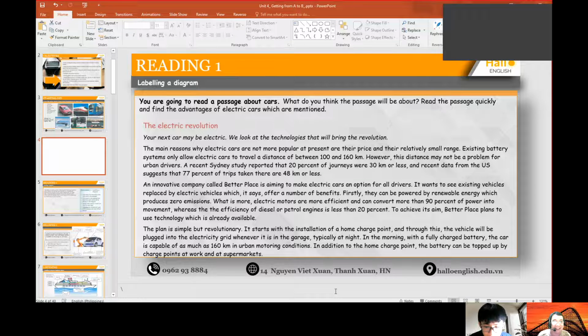Okay, in addition to the home charge point, there would be charge points at work and at supermarkets. Remember, we have three charge points: home, work, and supermarkets.